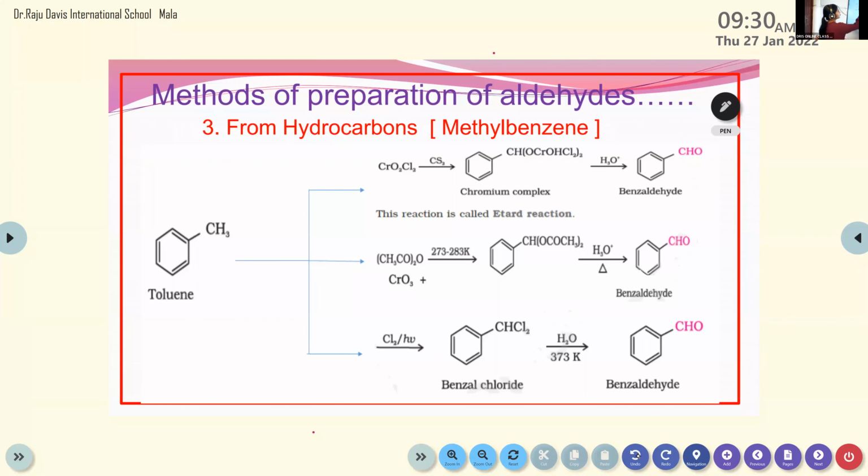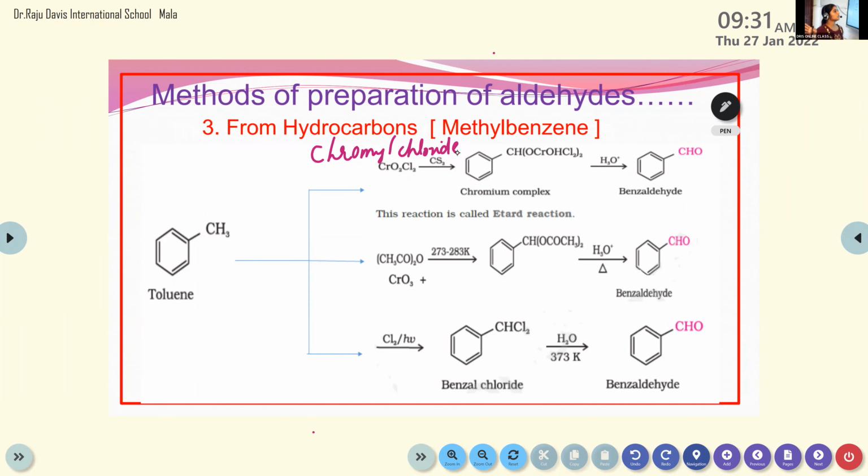The first reagent that we use is chromyl chloride, CrO2Cl2. If you use chromyl chloride, we can stop the reaction at the aldehyde stage.